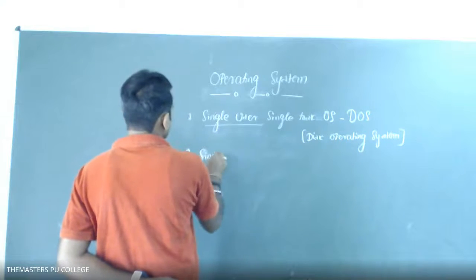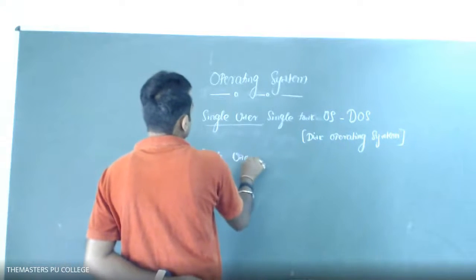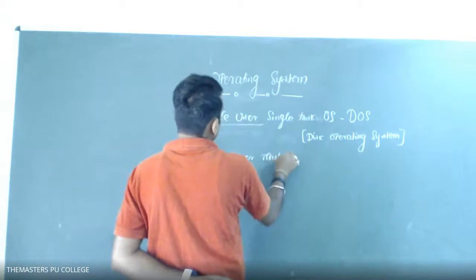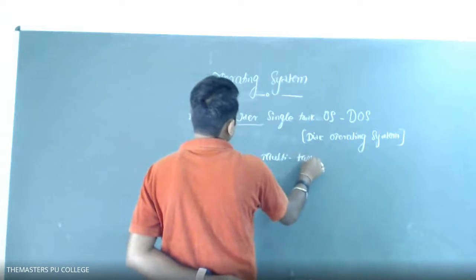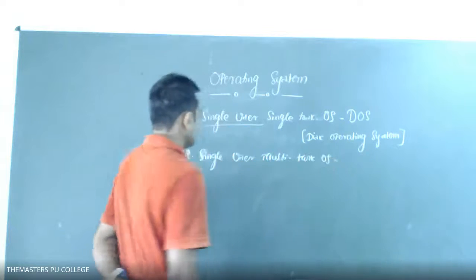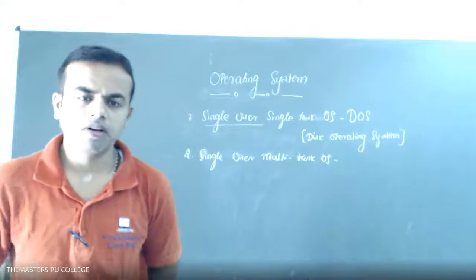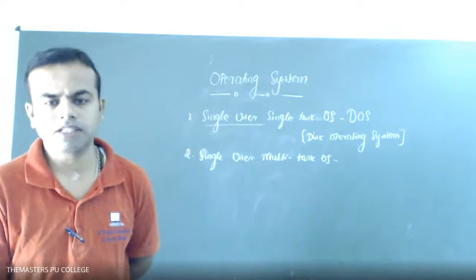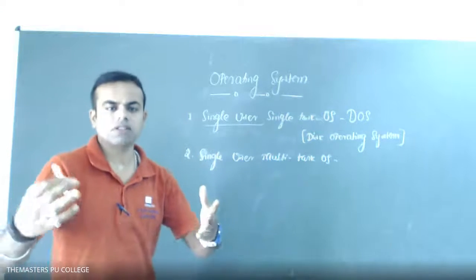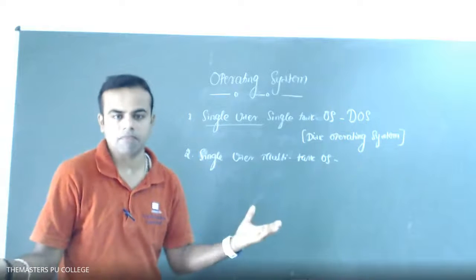Single user multitasking operating system. Which is a single user multitasking operating system? What we are using now: Windows. Windows is the best example. One person can work with the computer system and he can perform more than one task at a time.